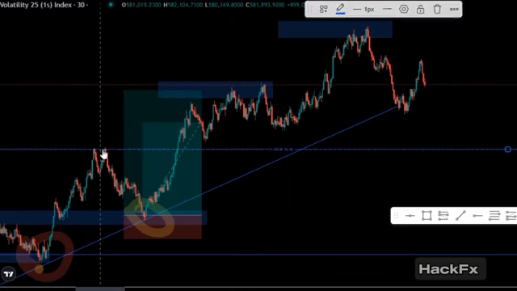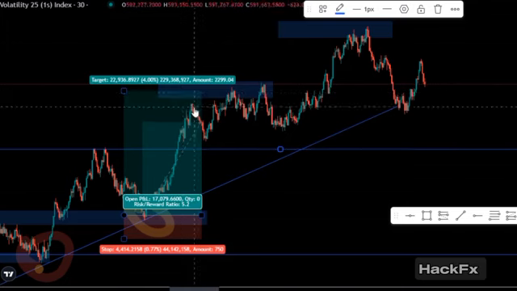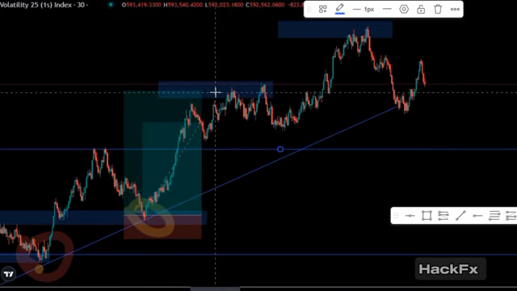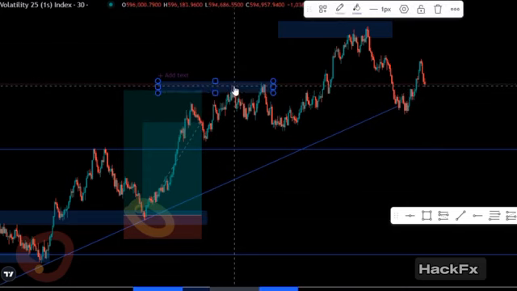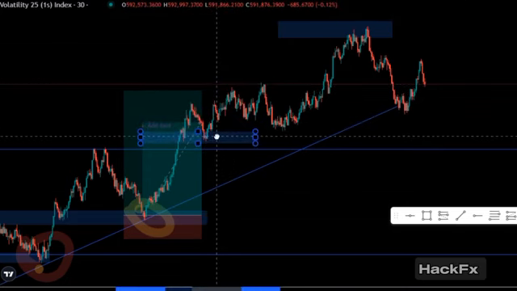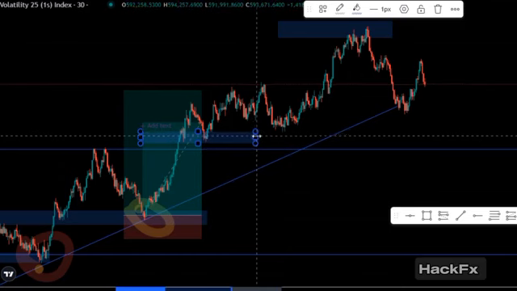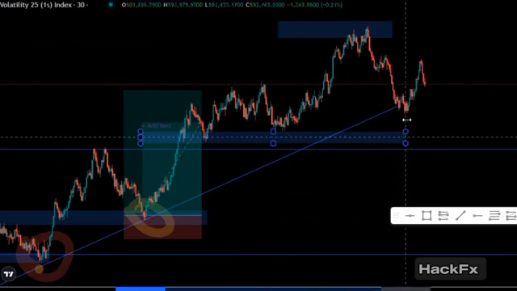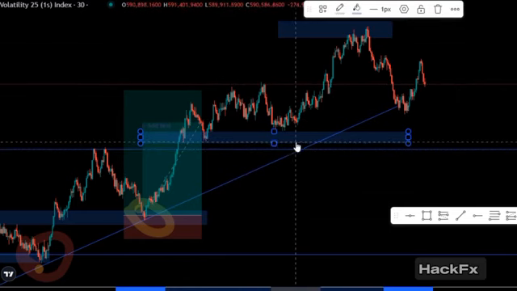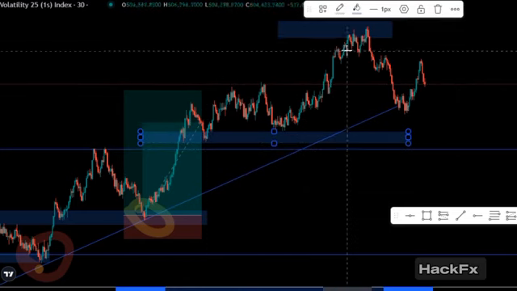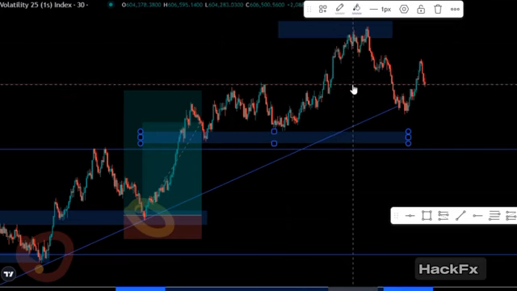Okay, now it broke it and retraced to this point. See this point? I'll tell you why it just got there and stopped. It did not touch the trend line, it just retraced to that point and moved up. So now that the market has moved up, how do we find entry?